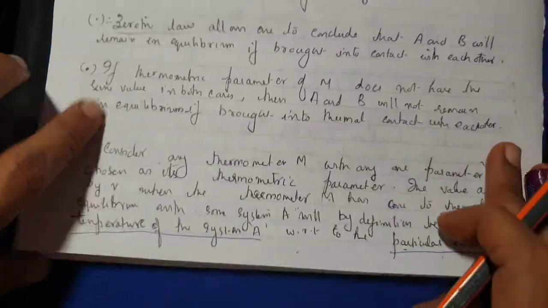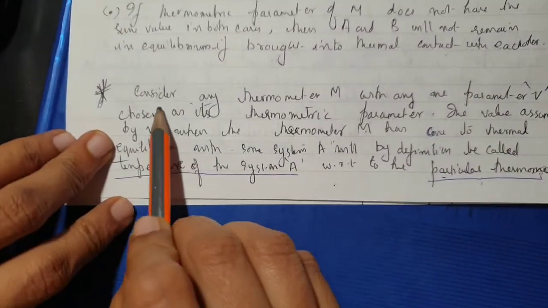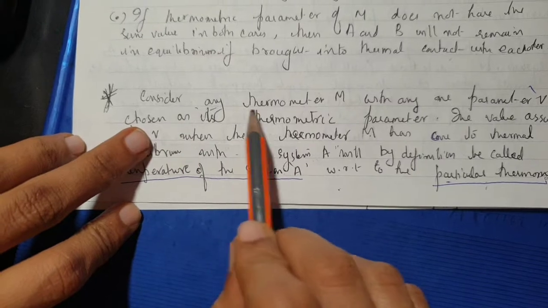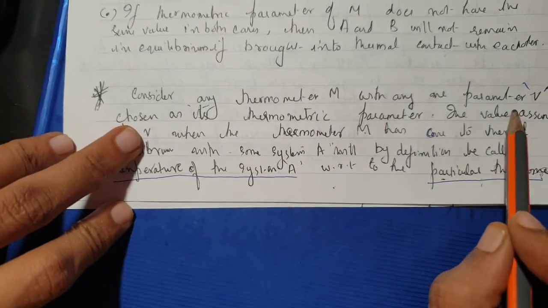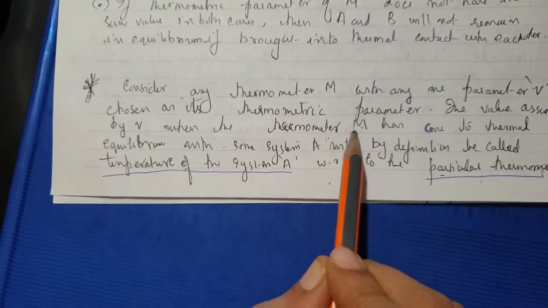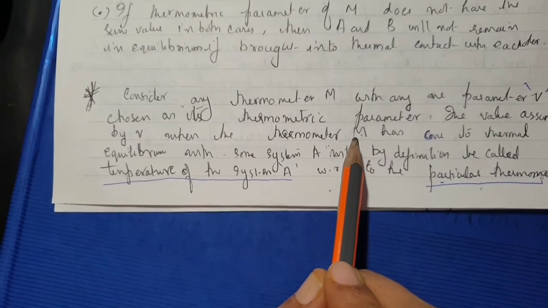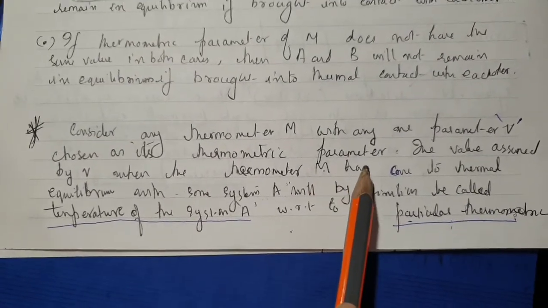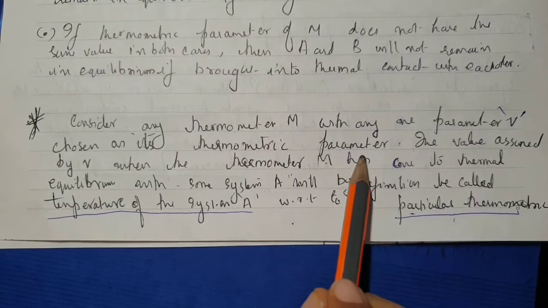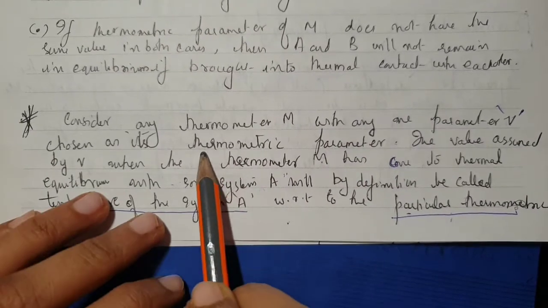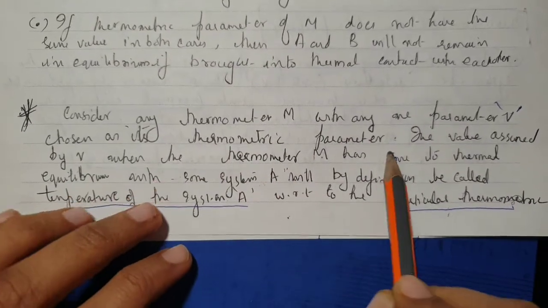Okay, so now the final conclusion we can say: consider any thermometer M with any parameter V chosen as its thermometric parameter. So if the volume is changing when it is brought into thermal contact, then that volume is the thermometric parameter here.